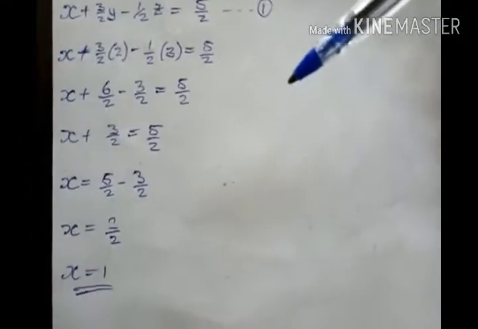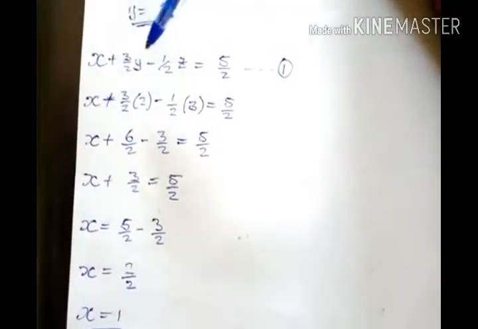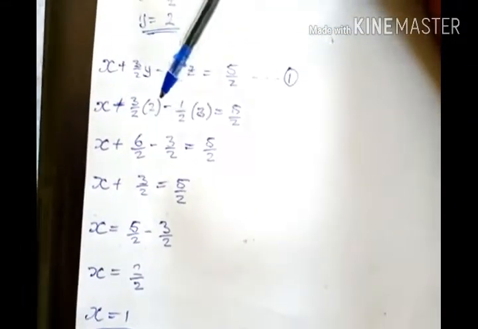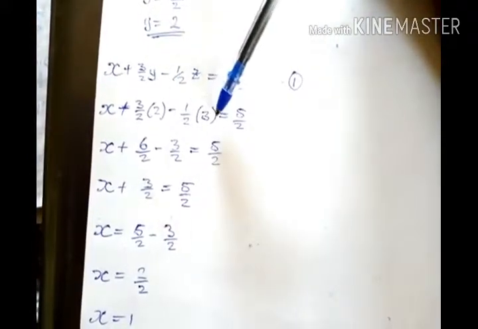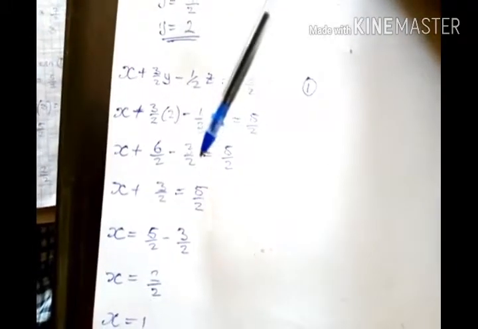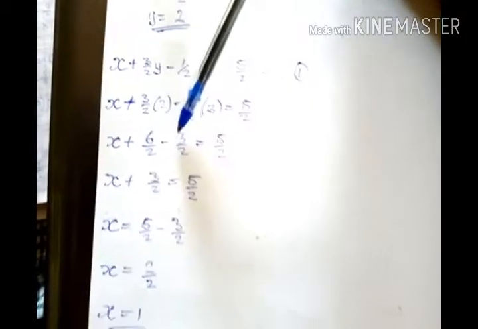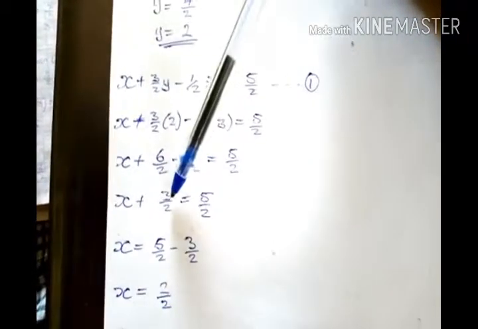Here is your x, and then you have this as the equation. Your value of y is 2, your value of z is 3. So 3 times 2 here is 6 over 2 here. Negative is here. 3 times 1 is 3, 2 here also. And then if you subtract 6 over 2 and 3 over 2, you have 3 over 2.